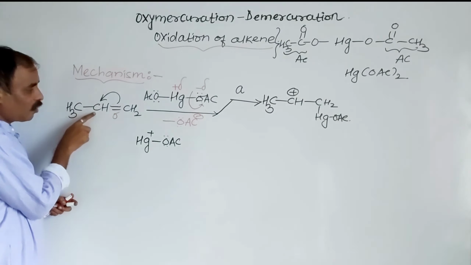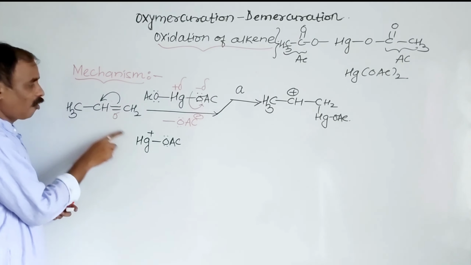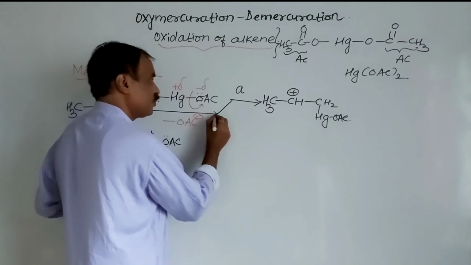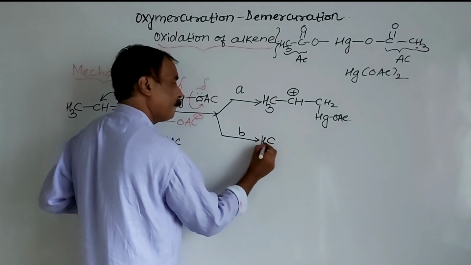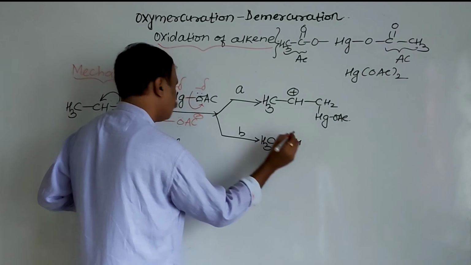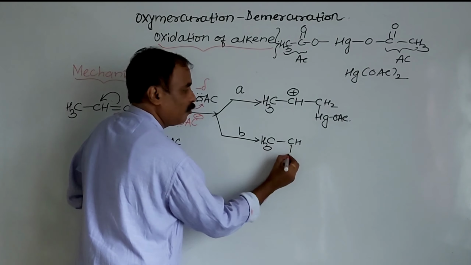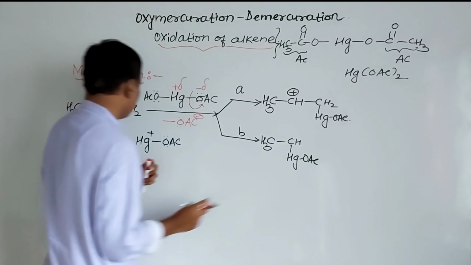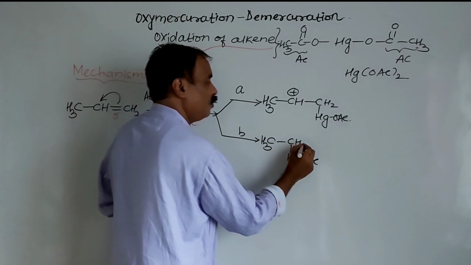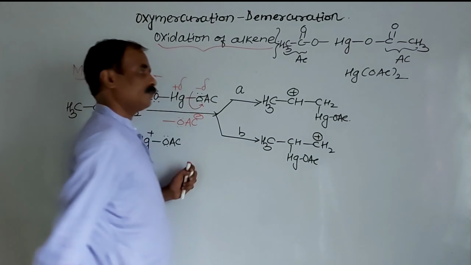So this negative carbon and this positive mercury, that is Hg plus, form a new bond. Here it is the second possibility, CH3, CH. Now this carbon is negatively charged, so here a bond forms between mercury, that is HgOAC, and this carbon, and the terminal carbon will be positively charged, CH2 plus.